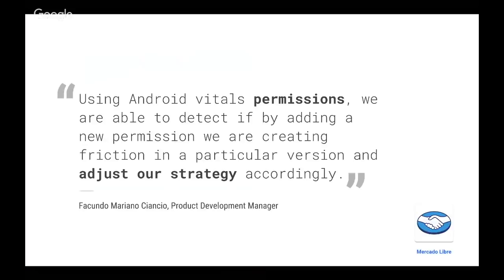And what they found is that when they added this new feature that required a permission, they did it in a way that resulted in a very high denial rate from users, primarily because they weren't providing a reason for requiring that permission. And when they adjusted their strategy and redesigned it, they saw their permission denial rate go way down because users saw the value in the feature and were approving it when they needed to.